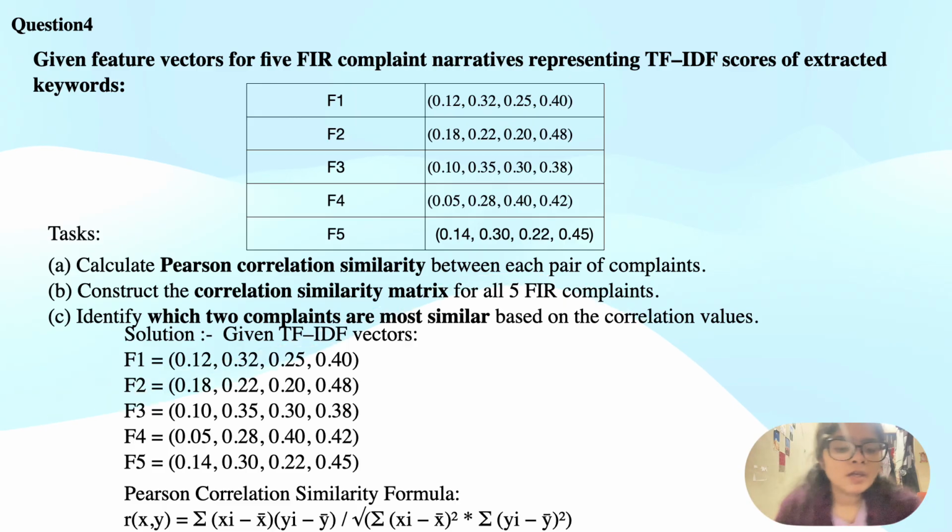So here the formula is: first of all, we need to calculate the difference of each data item in a tuple and its mean, and then multiply it with the difference of the value of another tuple and its mean, and then divide it by the square root of the sum of the squared differences of each data item and its mean, multiplied with the sum of the squared differences of each data item in the other tuple and its mean.